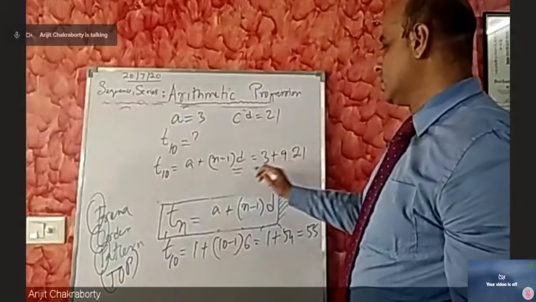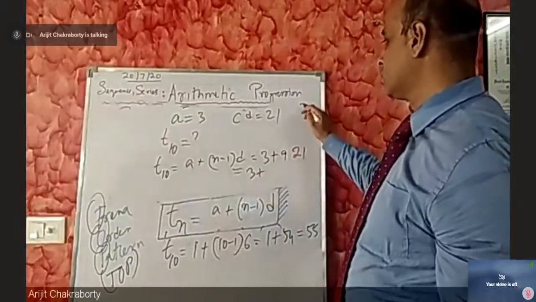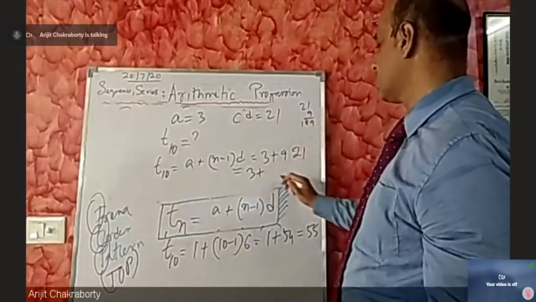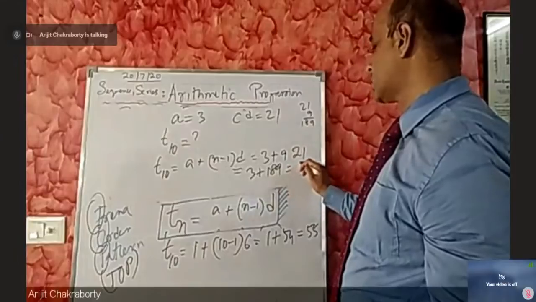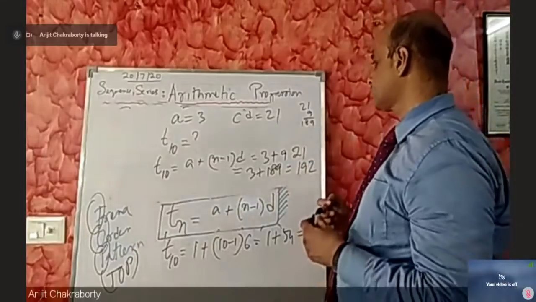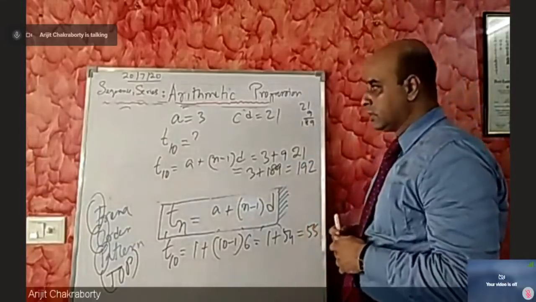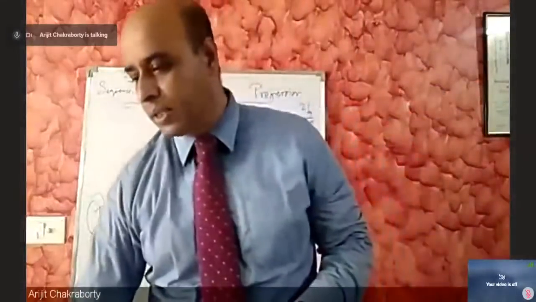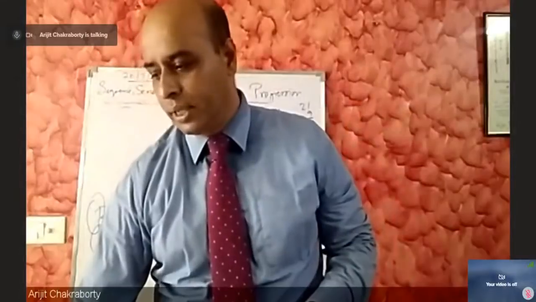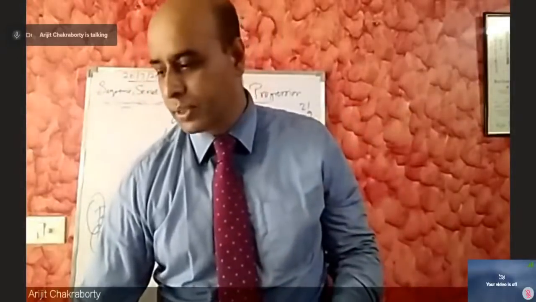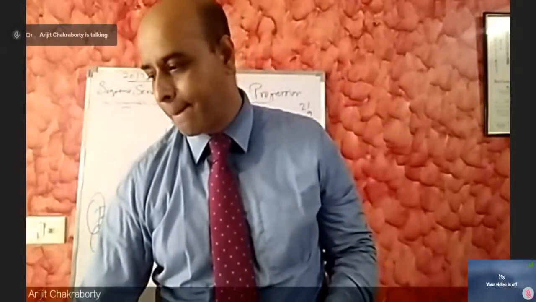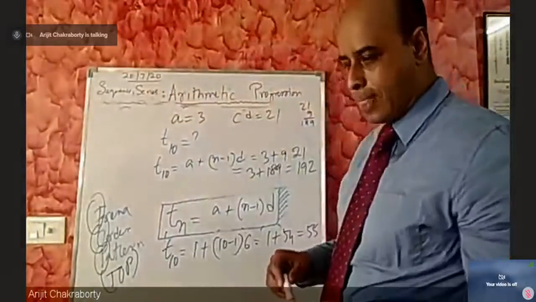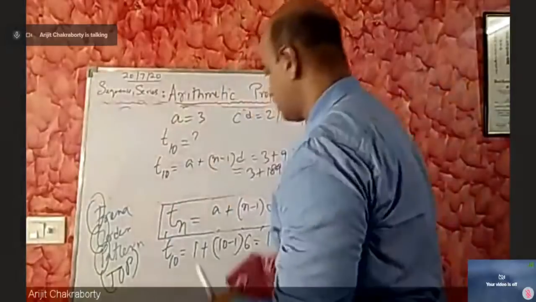So this is 3 plus 21 into 9, 21 into 9, 189, so it is 192. So this is also another type of problem which comes where the first term is given and the common difference is also given. You need to find out what will be the nth term.